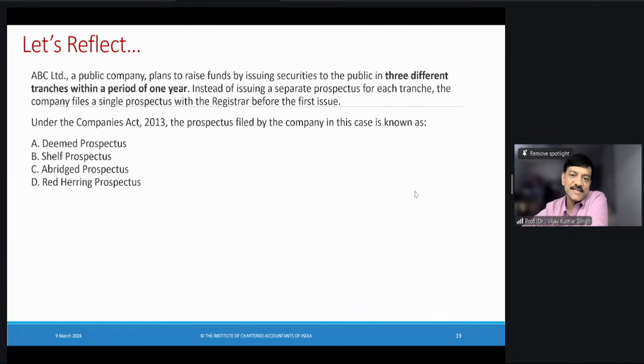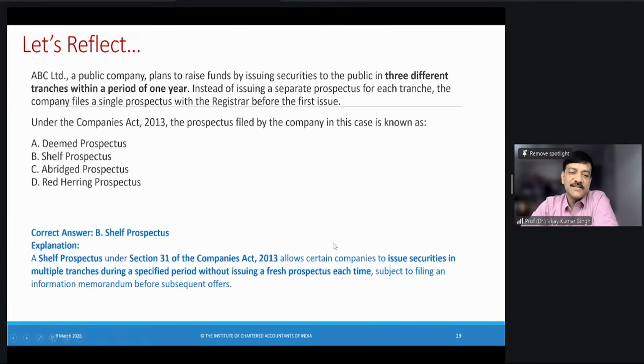So here in this case, the people who opted for B, that is shelf prospectus, is the answer. So a shelf prospectus under Section 31 of the Companies Act allows certain companies to issue securities in multiple tranches during a specified period without issuing a fresh prospectus each time, subject to filing an information memorandum before subsequent offer.